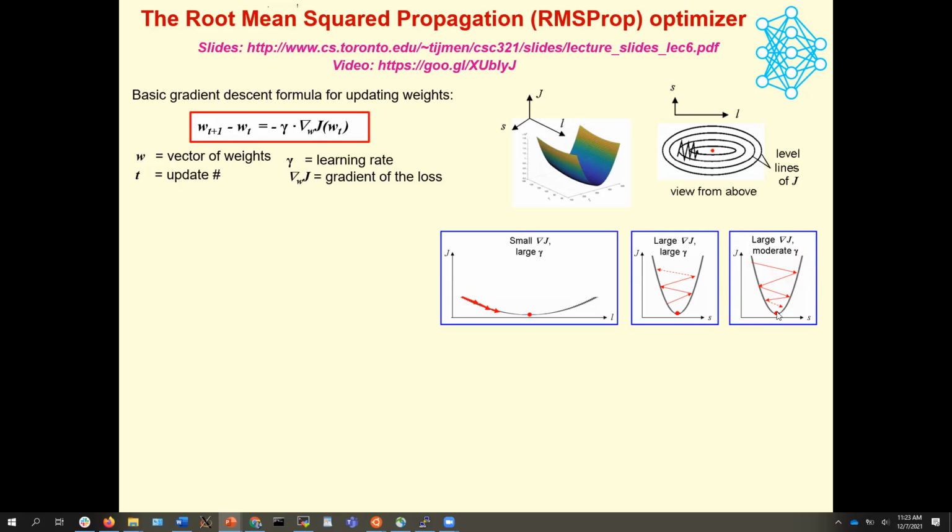So it looks from this picture like we ideally would need two different values of gamma. One large value for moving along the long dimension, and the other smaller value, moderate or even small, for moving in the perpendicular direction. Of course, we cannot use two different gammas for gradient descent.